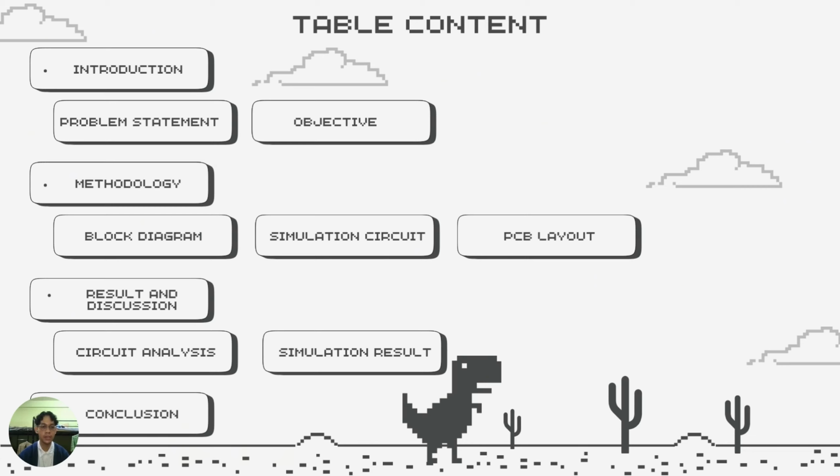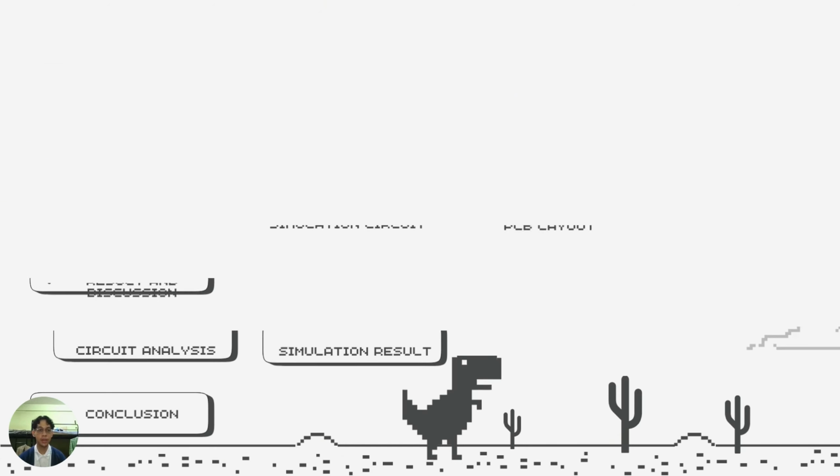Next, under result and discussion, we'll cover the circuit analysis and simulation result, where we show how the system works in practice. And finally, we'll end with our conclusion to summarize the key takeaways from this mini project. Now, let us begin with the introduction.